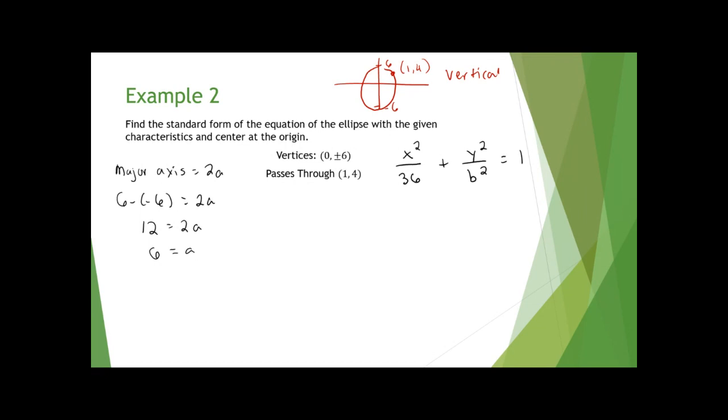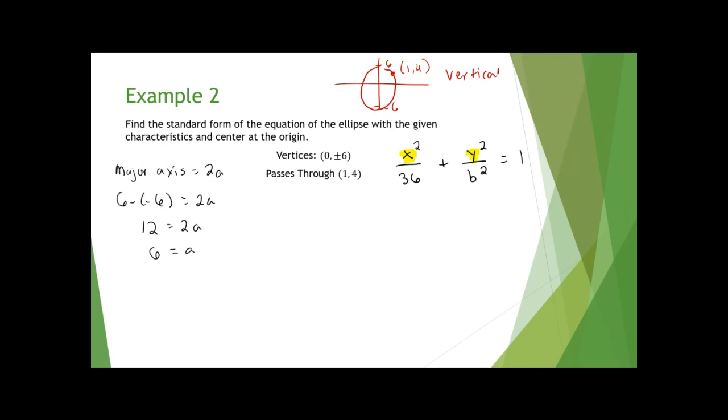Now, in order to find c, we would need the foci. We don't know the foci. We're not given that information. We're given a point. So what we can do is plug 1, 4 into our equation.